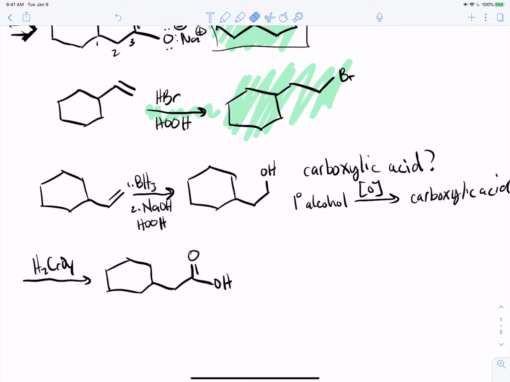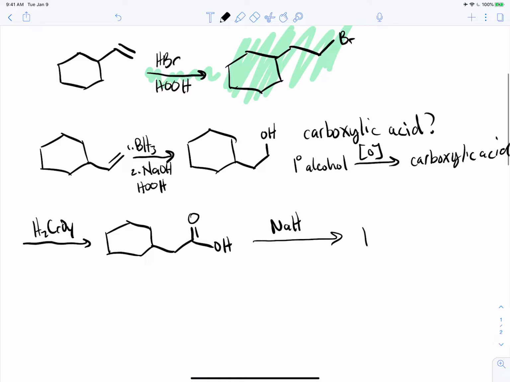And then I just want to make this into the carboxylate, and a solid strategy for doing that is, this is just acid-base chemistry, but we can use the same strategy we used for making alkoxides, where we just take a base, specifically sodium hydride.